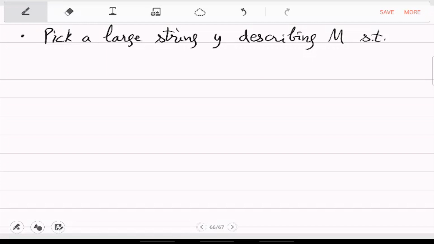Now Turing machine M trivially has infinitely many descriptors. So let's pick a large enough descriptor y and see what we can do with that.